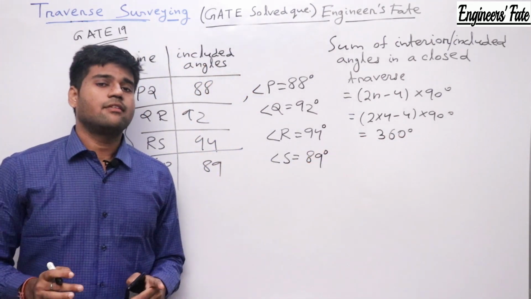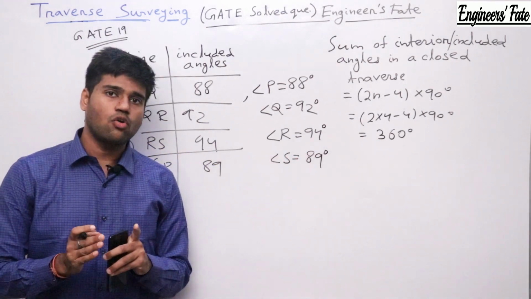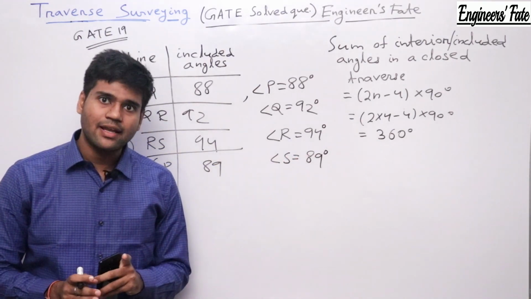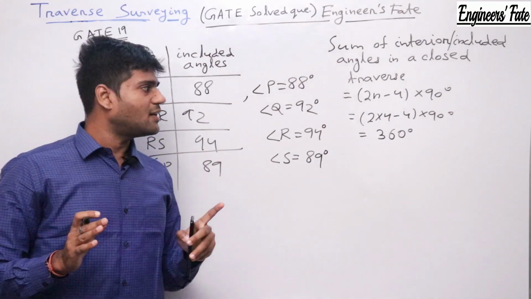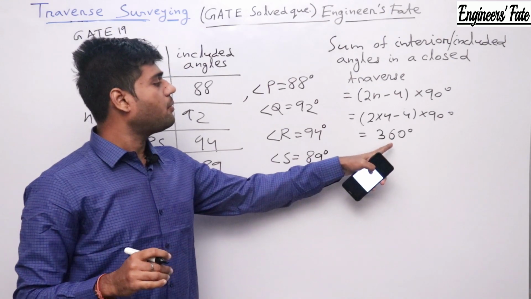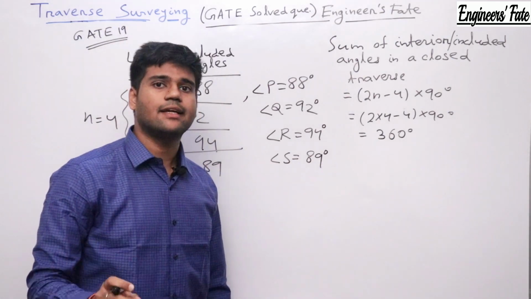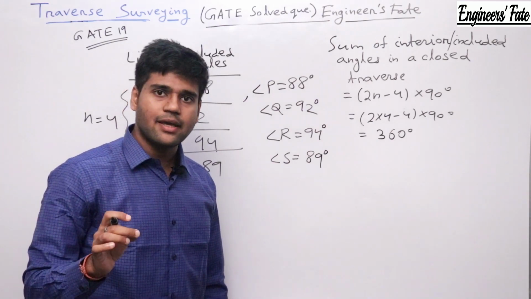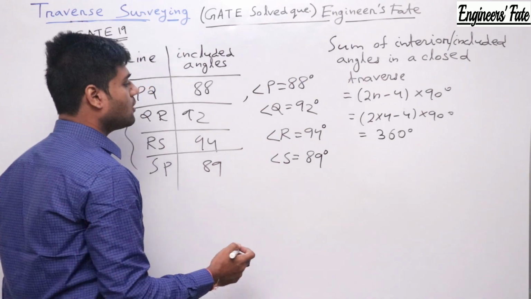What does this mean? The value 360 degrees means for a closed traverse, if I have no error in the traverse, the sum of included angles should be equal to 360 degrees. But I am having some errors, that's why the error is asked in the question.